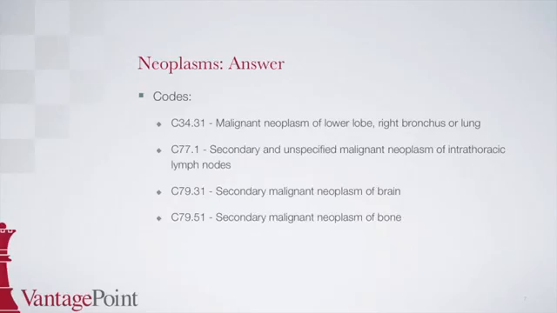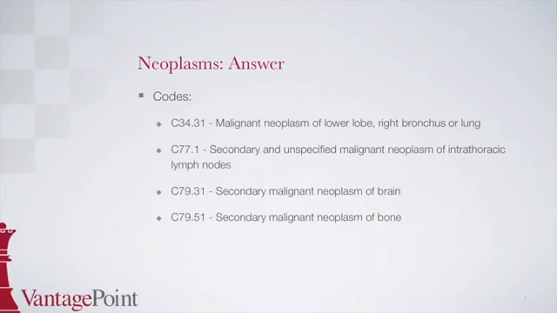When you go to C34.3, you have 3 codes, one for unspecified, one for right, and one for left lung. Since documentation states that it is the right lower lobe, C34.31 is the correct code. The order of the 3 remaining codes does not matter. I chose to code them in the order listed in the documentation.